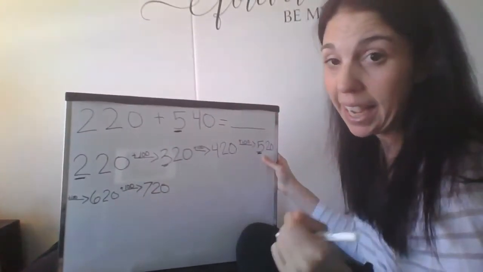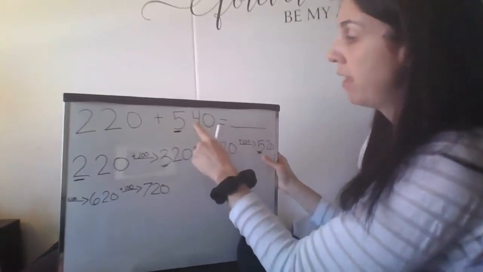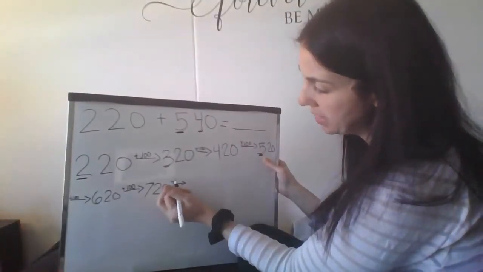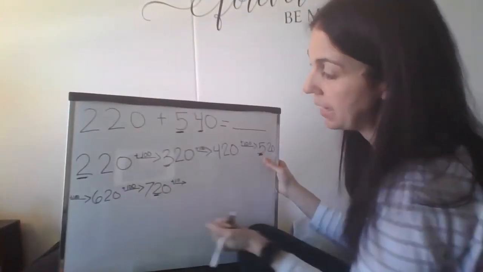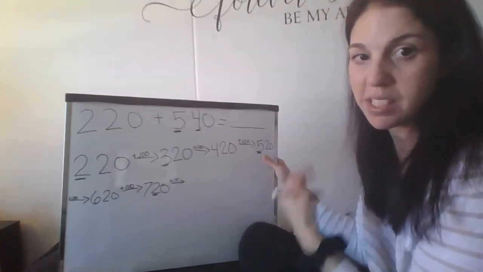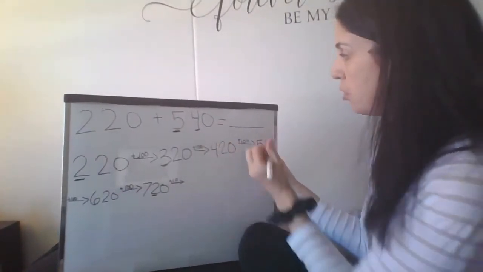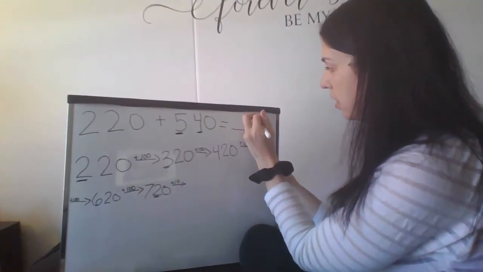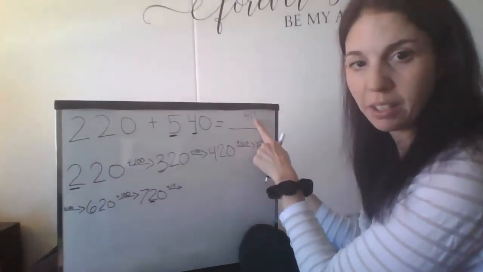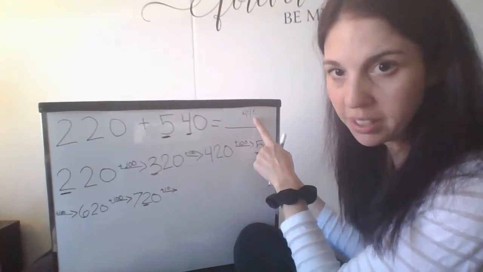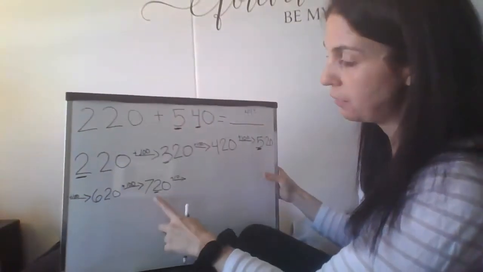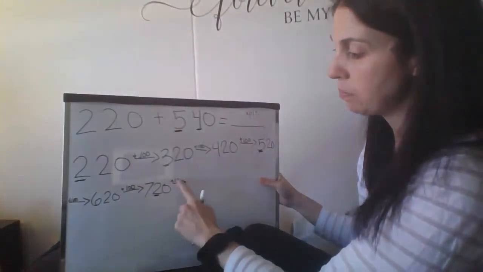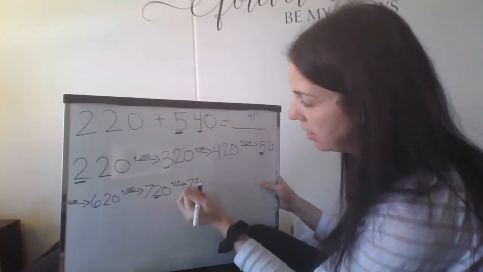I'm not done yet. Now I need to go to my tens. I need to add 4 tens. So plus 10. So now I'm going to my tens place. If you kind of forget which place is hundreds, tens, and ones, you could make a little mini hundreds, tens, and ones chart. Sometimes I do that for myself if I forget. So you can make a super mini hundreds, tens, and ones chart so you could remember where it is. If you remember, the 2 is in the tens place. So 720 plus 10 is going to give me 730.